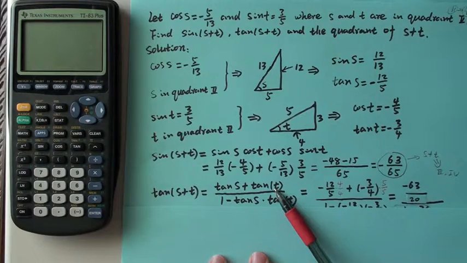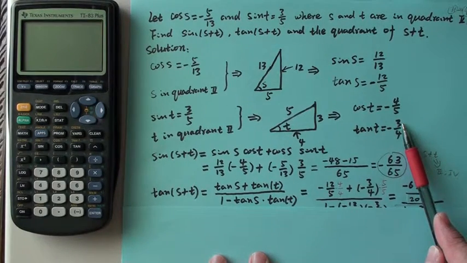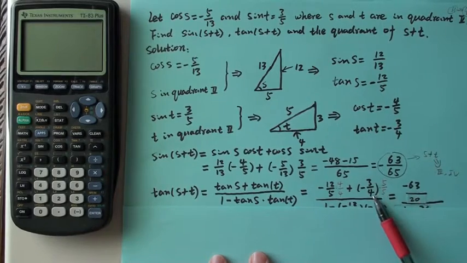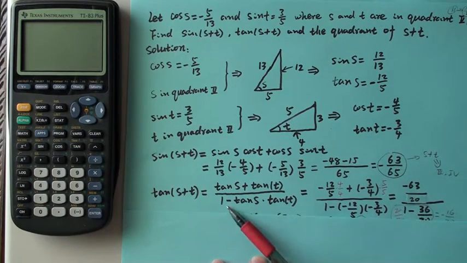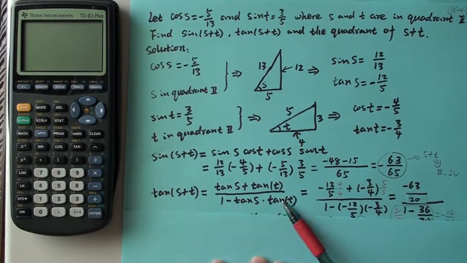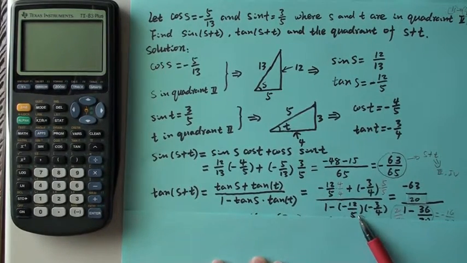Tangent t, we have it already, negative 3 over 4, right here. Upstairs is addition. Downstairs is 1 minus the product of the above two. So 1 minus negative 12 over 5 times negative 3 over 5.